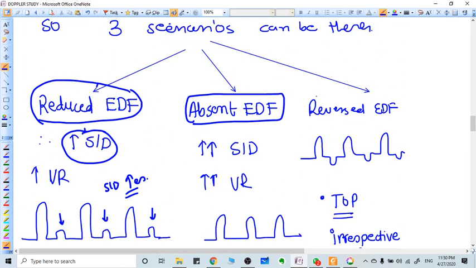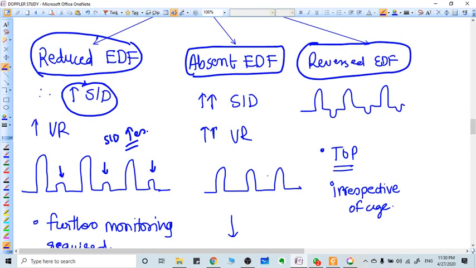The third scenario is reversed end diastolic flow. You see the waveform here. The diastolic flow is reversed. What happened in the diastolic flow? That means the placenta has become so severely resistant that in the diastolic flow, it actually rebounds back.